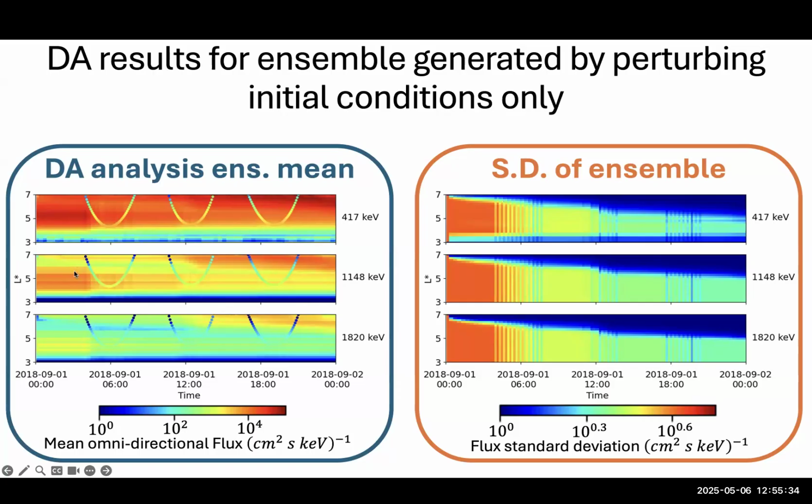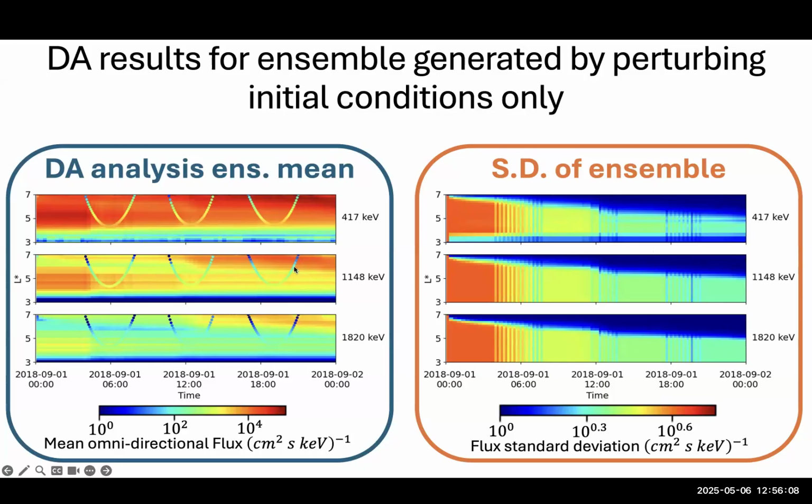But perhaps the most important thing for this particular one is you can see that in this outer region, there's this injection of high flux, which isn't being corrected by the data assimilation. And that is because we have no spread in the ensemble there, because that outer boundary has been radially diffused in.